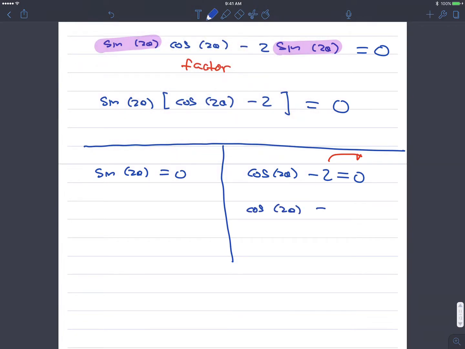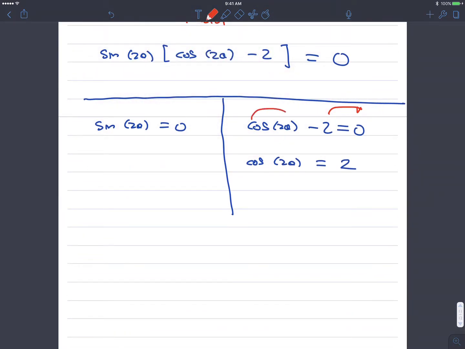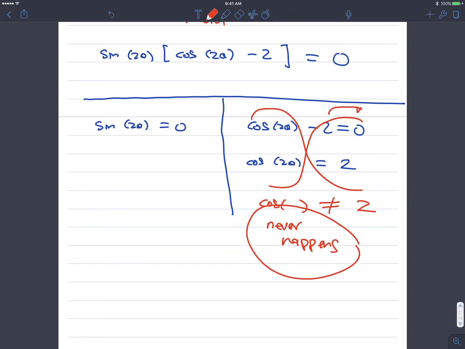Cosine 2 theta now is 2. Does anybody want to tell me something about this situation again? This never happens. Cosine of any angle, doesn't matter what it is, is never 2. Throw this portion out.